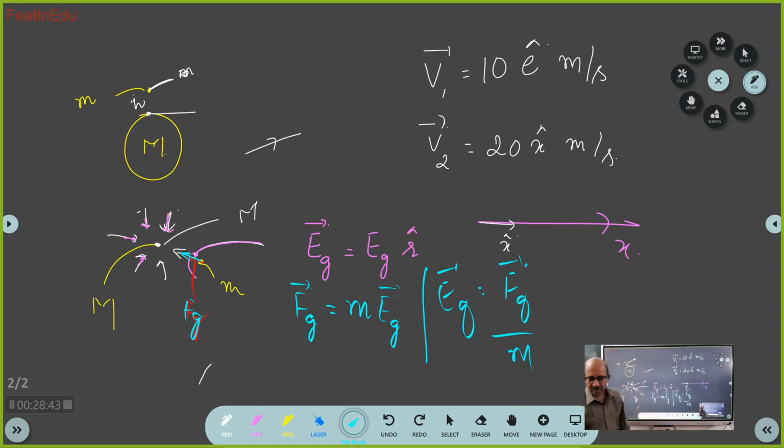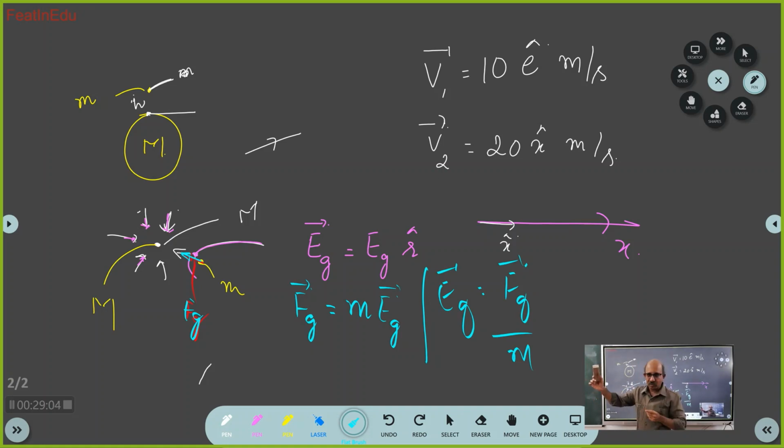See, at this point I will place a mass of m. It will experience force. How much force? Fg. I will divide that Fg by the mass. Then I will get some quantity. That quantity is Eg bar. Now, sir, what is the gravitational field at some other point?